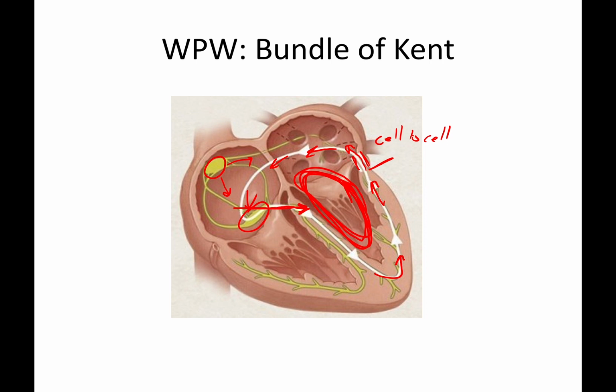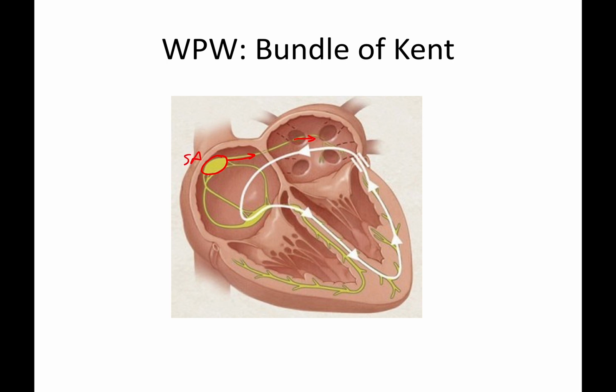And so that's how the bundle of Kent works. That's how all reentrant rhythms usually work, is that for whatever reason that signal can loop back through. One of the really scary ones is if it goes the other direction, so that you've got a normal beat coming from the SA node, and it travels its usual pathway, and for whatever reason it travels down and manages to catch the ventricles.